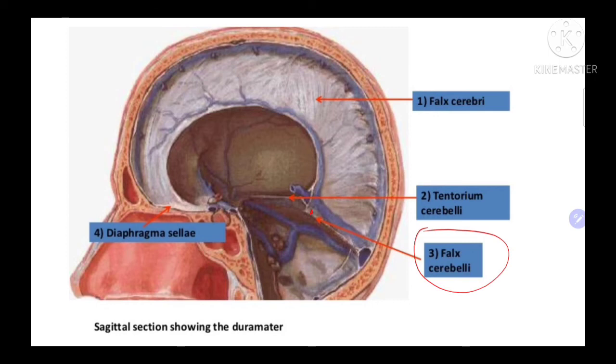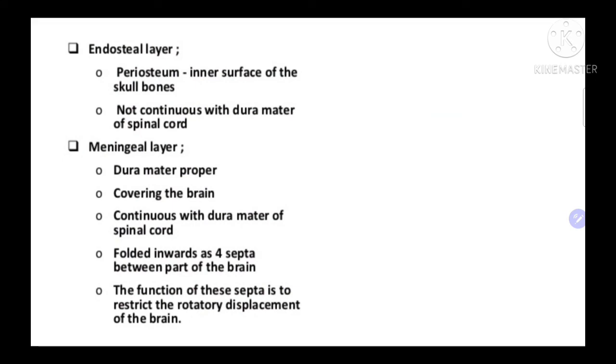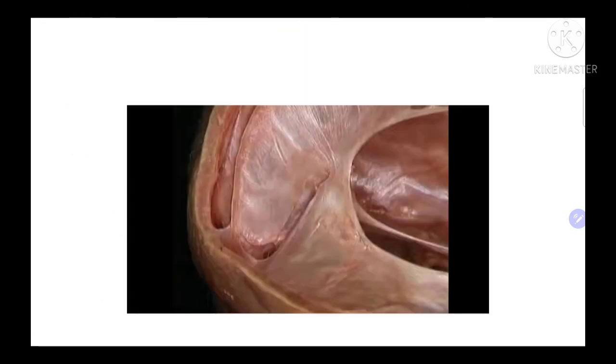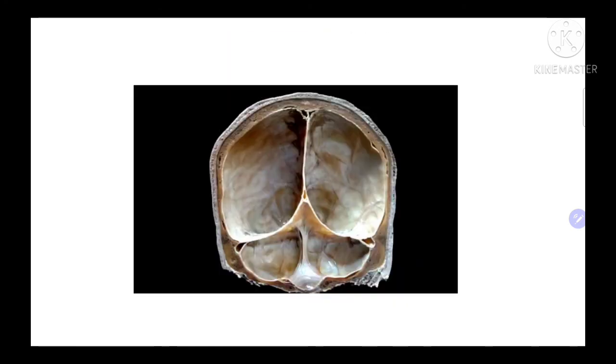The posterior border is attached to the internal occipital crest, and the anterior border is free and is related with the vermis of the cerebellum. You're gonna see it here, or inferiorly. You can see here the falx cerebelli. This is the cerebellar hemisphere.